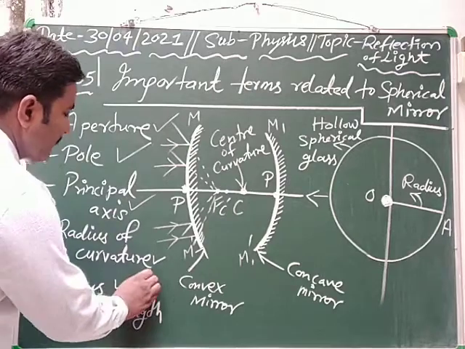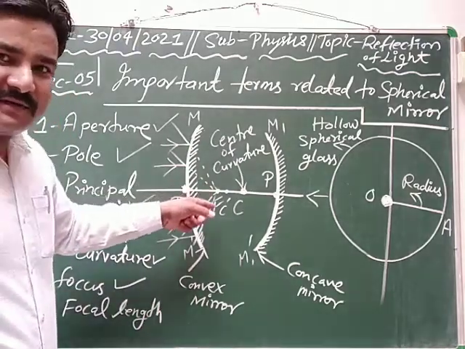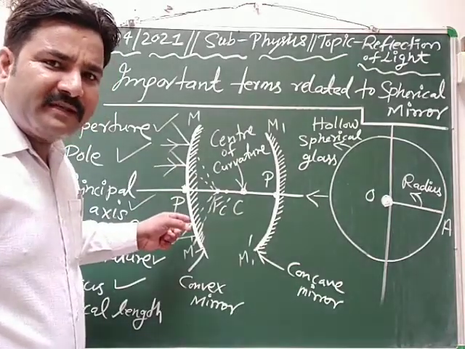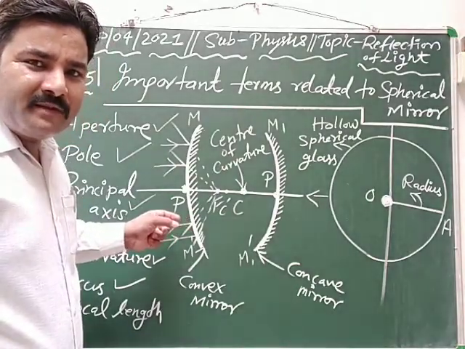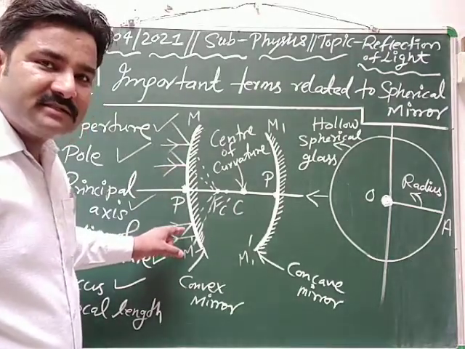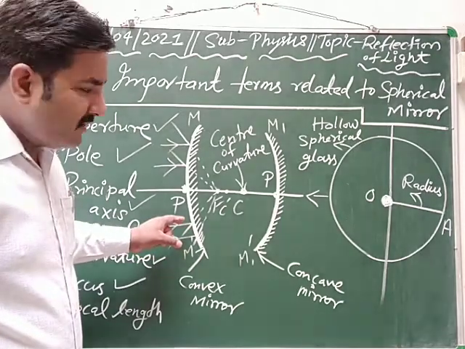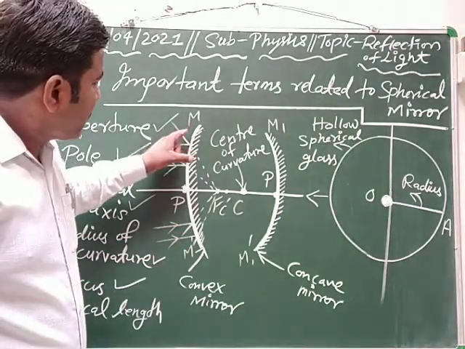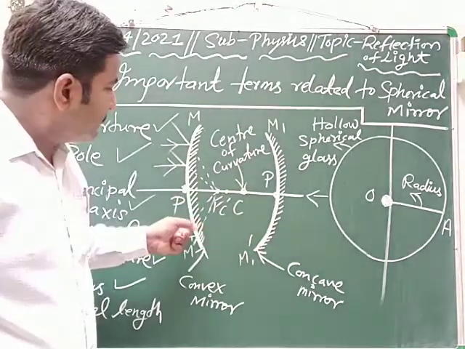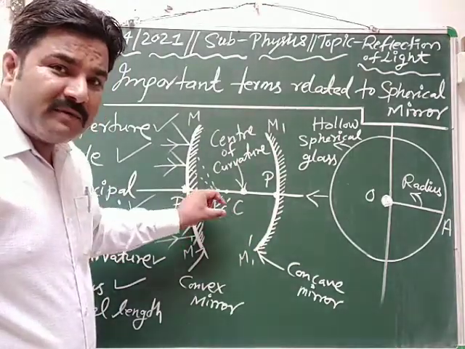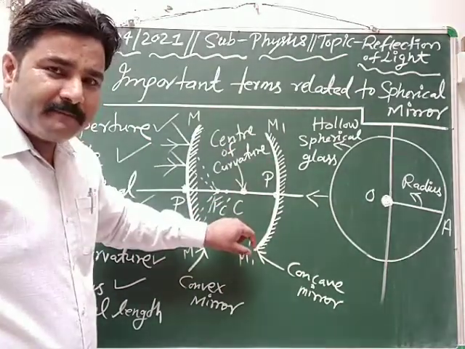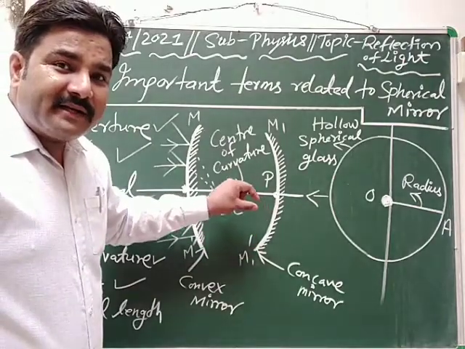The next one, focus. I explained focus earlier. Listen again. When all the rays parallel to the principal axis are reflected from either a convex mirror or a concave mirror, in the case of convex, they appear to come from a point on the principal axis, but in the case of concave mirror, they actually meet at a common point.